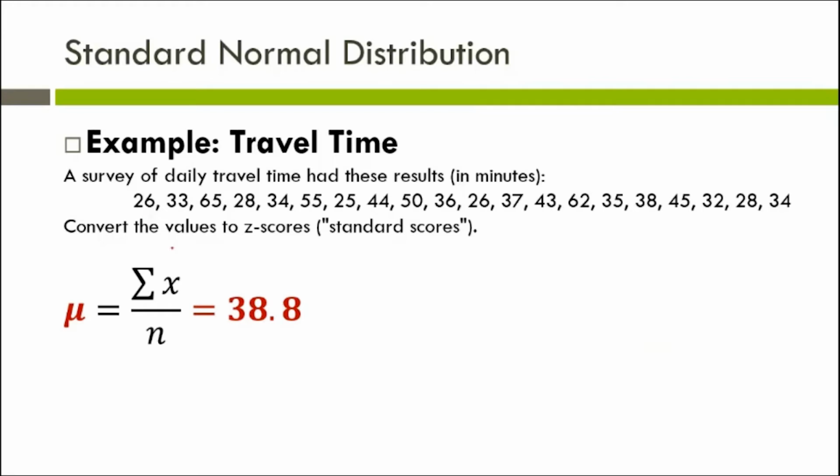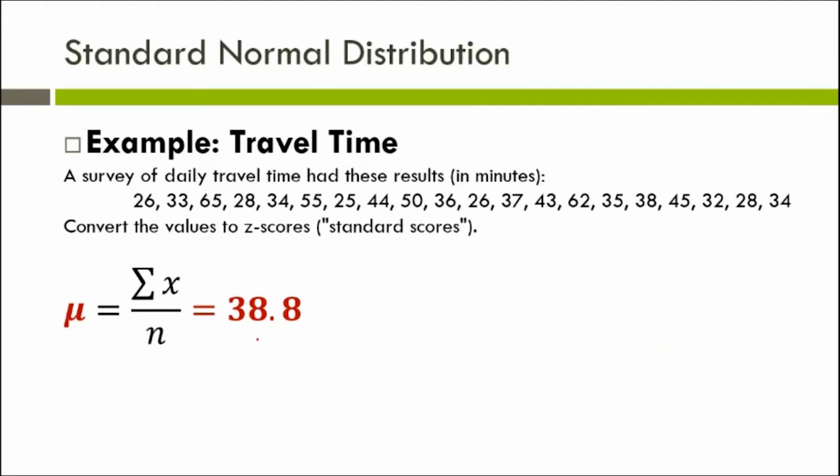Again, the mean is equal to the summation of all your x's divided by n, the number of the x's, and that is equal to 38.8. So kindly check if you arrive at the same answer in your calculation. Next, calculate the sigma or the standard deviation.